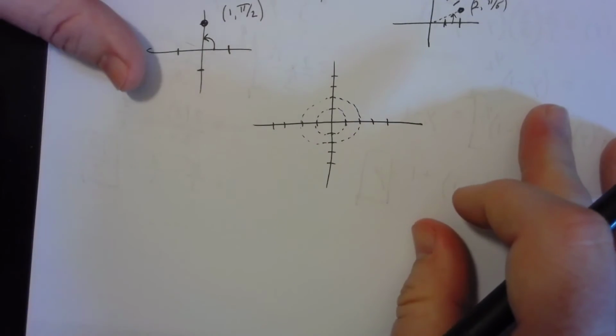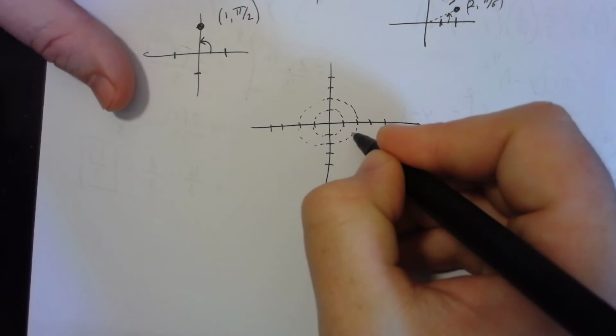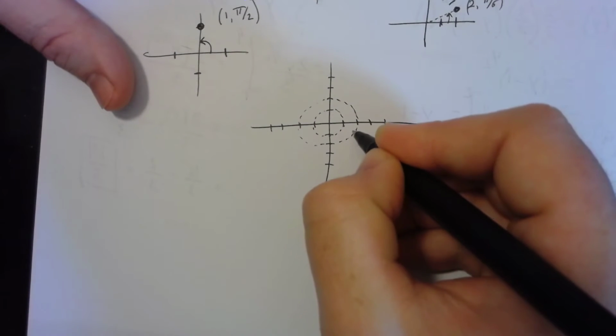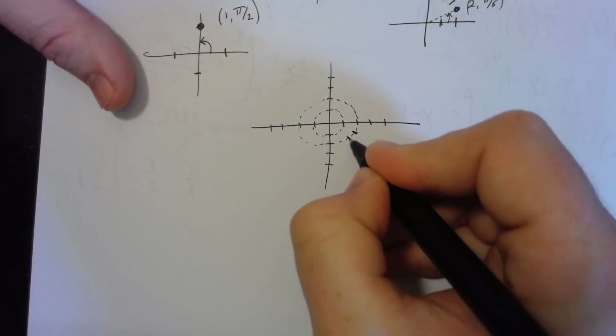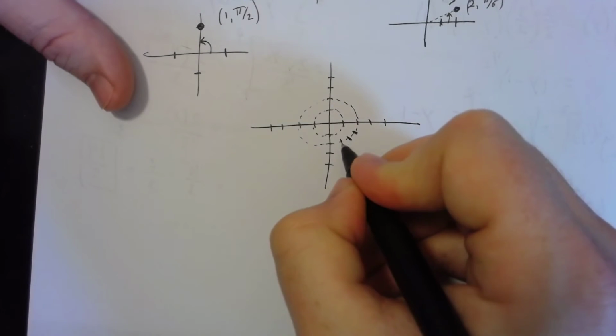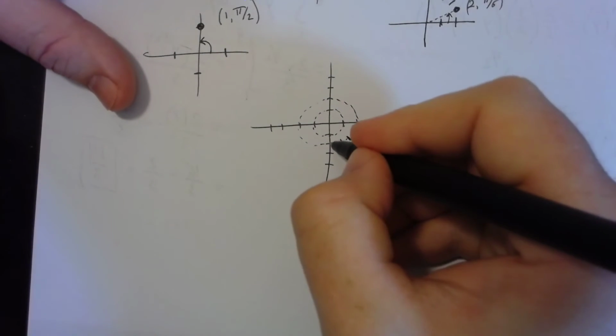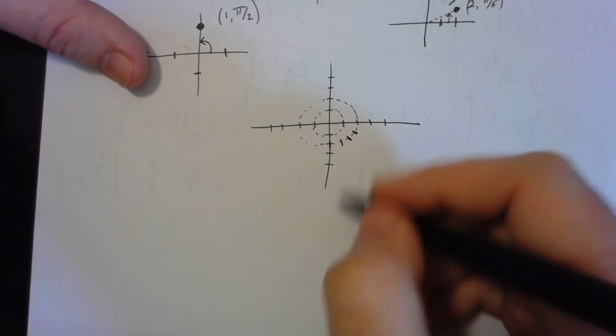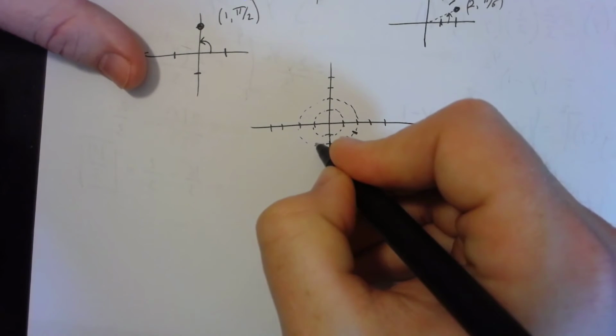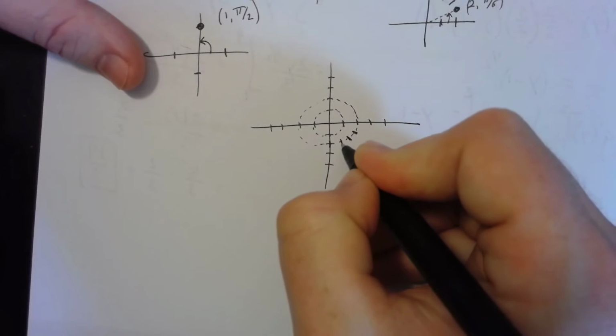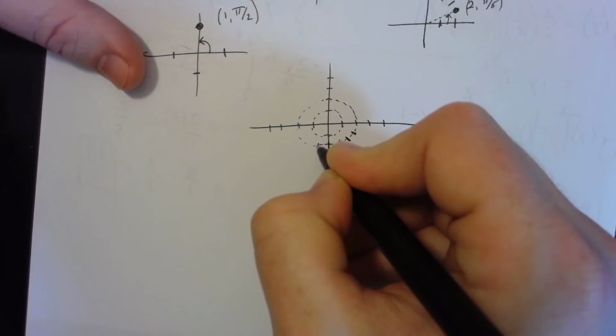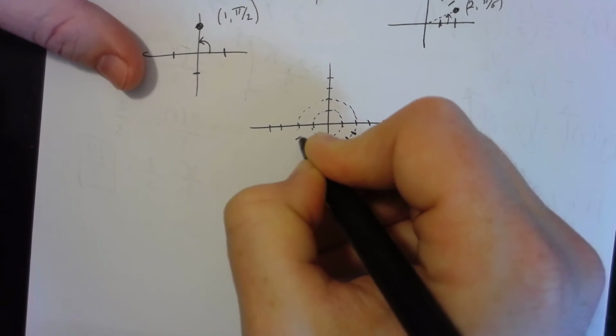So very carefully, I'm going to calculate my angle measure. This is pi over 6, that's negative. This is pi over 4, that's negative. This is pi over 3, that's negative. This one here is a negative pi over 2. In here, we'll see 1 pi over 6, 2 pi over 6, 3 pi over 6, there's 4 pi over 6, and here's 5 pi over 6.